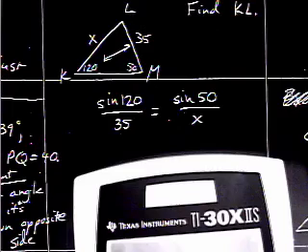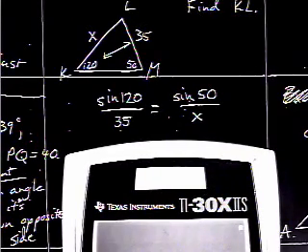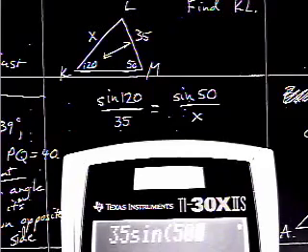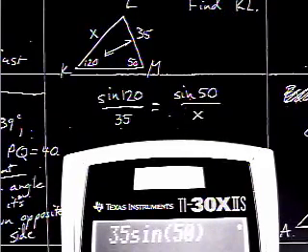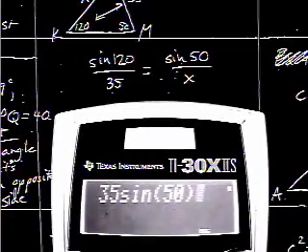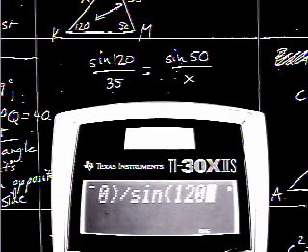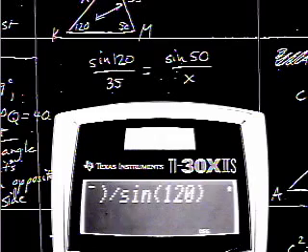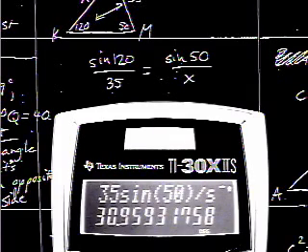And so now we're going to do the same thing we did before. Nothing tricky about it, right? 35 sine 50 divided by sine 120. For argument's sake, since we're rounding to the 10th spot, that looks like 31.